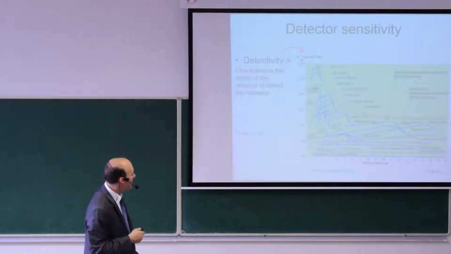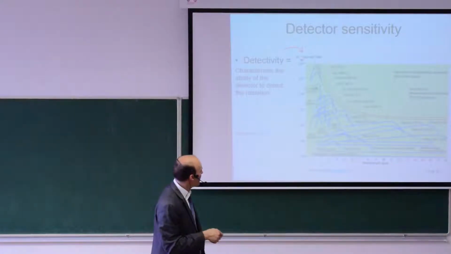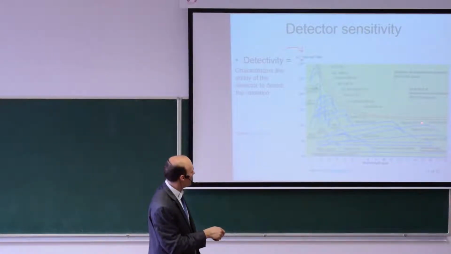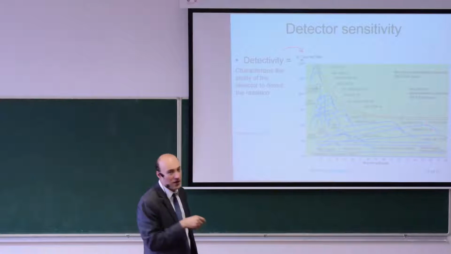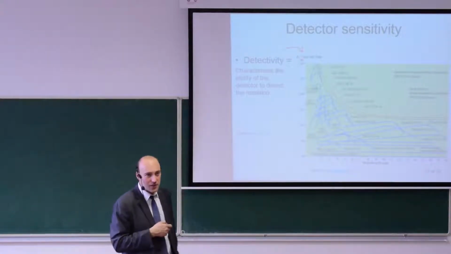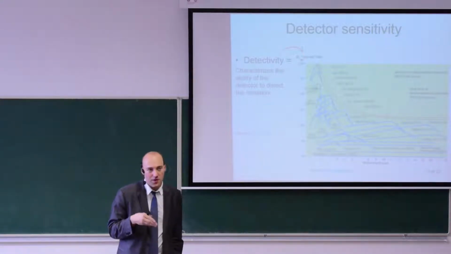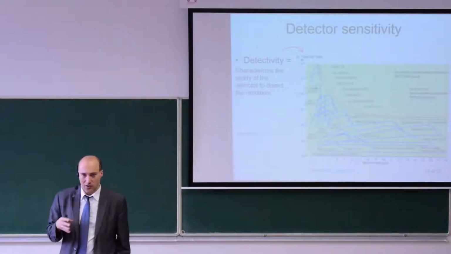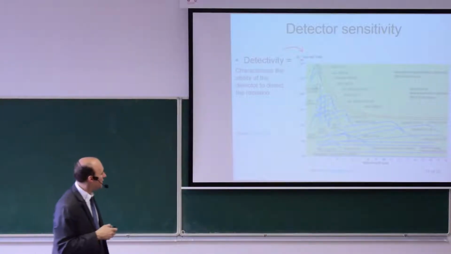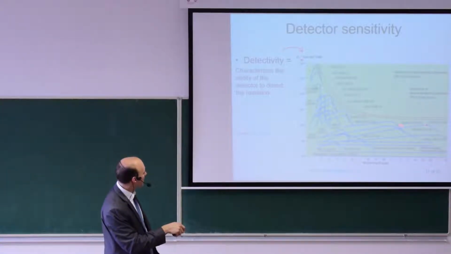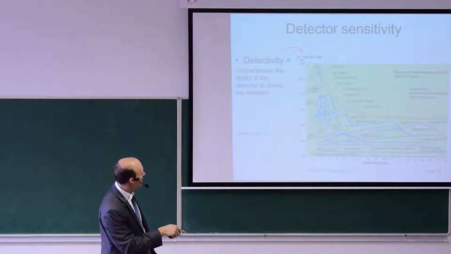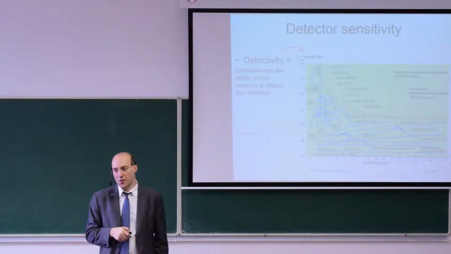On the other hand, for example, if I take an alloy of silicon and gallium, cooled down to 4.2 kelvins with liquid helium, it will have a peak sensitivity around 15 micrometers. So it will be good for detecting very cold objects. But on the other hand, you see here that this sensitivity is around 5 orders of magnitude smaller.